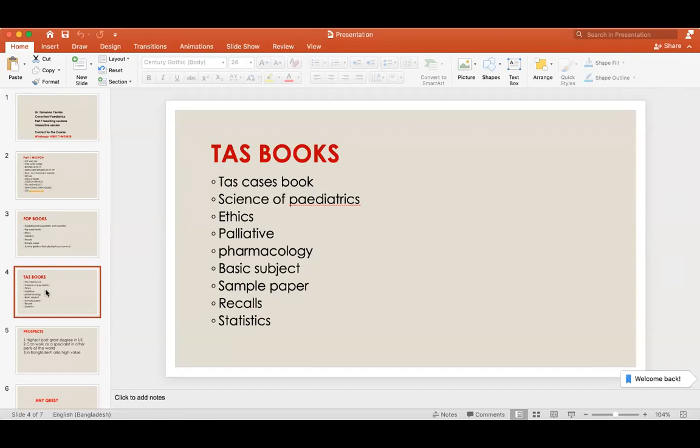And I will tell you that whenever you read one case, you make some notes. For example, from the skin chapter you make notes on what is the toxin of impetigo, what is the toxin of staphylococcus, how to investigate, how to manage. Make some notes in your book or notebook, so that during revision you highlight those notes.